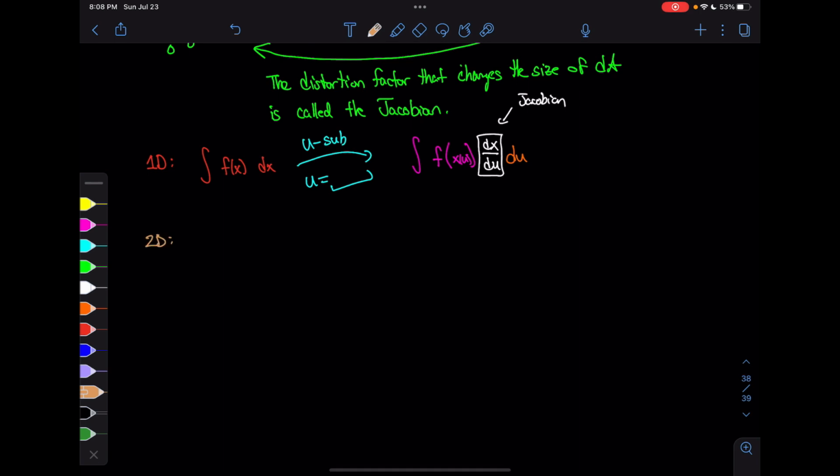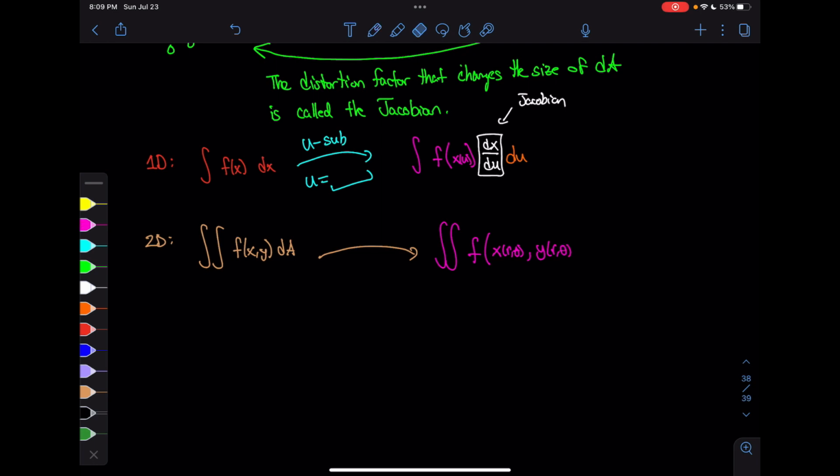In 2 dimensions, if we were going into polar coordinates, we would take a function f of xy dA, and we would do some parameterization, and we would end up over here with a function in terms of r and theta. Technically they might write it as x in terms of r and theta like this, and y in terms of r and theta like this, but just to make things nice, I'm just going to write it as a function in terms of r and theta.